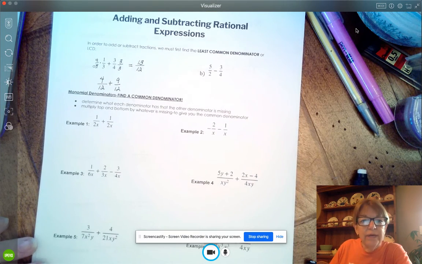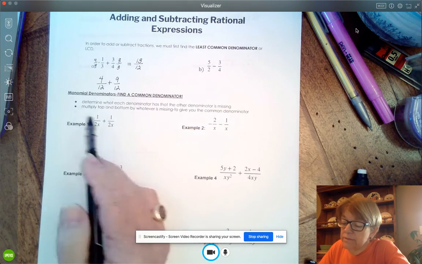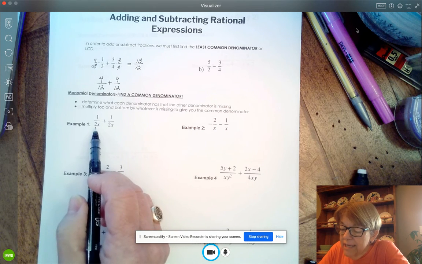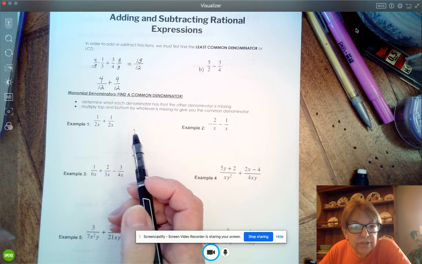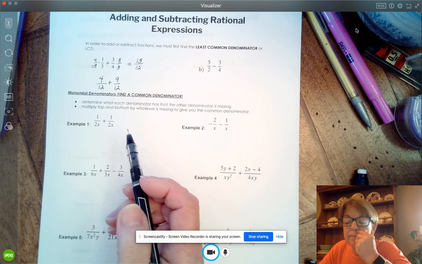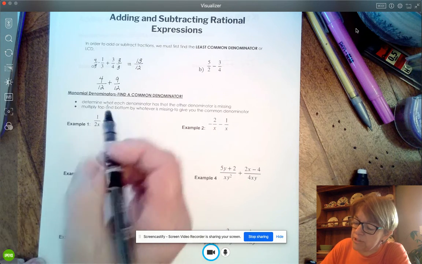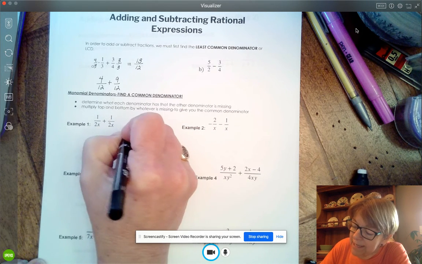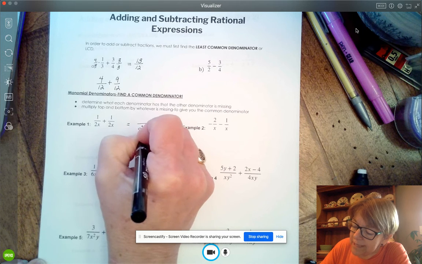So when we have monomial denominators, I find a common denominator down here. I'm looking at a 2x and a 2x. The denominators are the exact same, so I don't have to multiply these expressions by anything. What I'm going to do is I know that my answer is going to be over 2x.